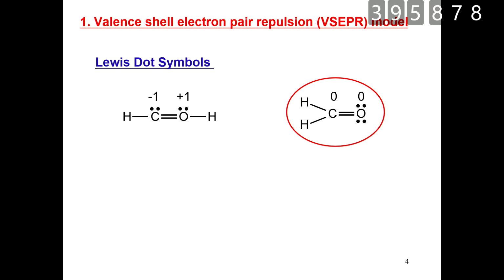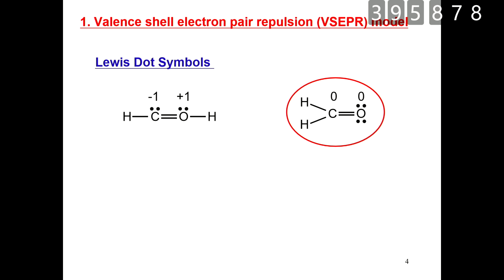Basically you can use the valence shell electron pair repulsion model to determine the geometry of the molecules. For example, we know how to write the Lewis dot structure.